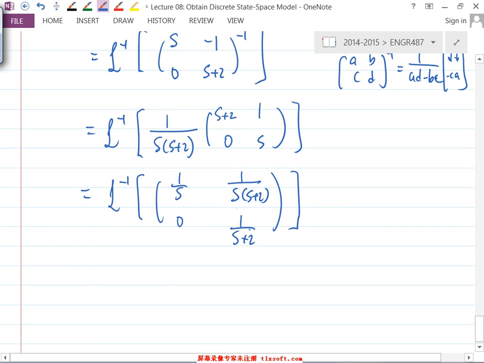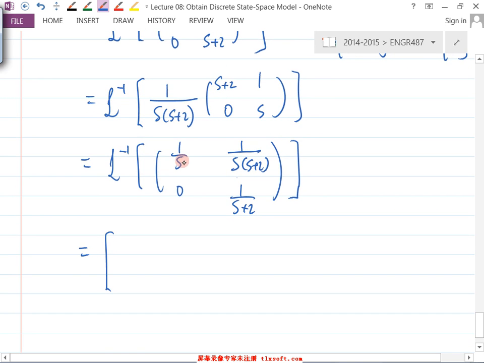Okay. So if you look at your table, what's the inverse Laplace of 1 over s? I actually don't need to look at the table. You should have learned this quite so many times now. 1, well, in other words, is actually unit step input, u of t. And what is the inverse Laplace of this guy here?